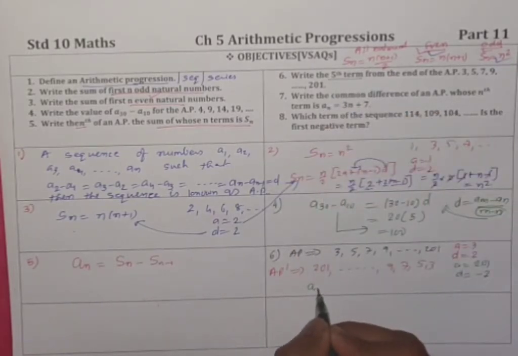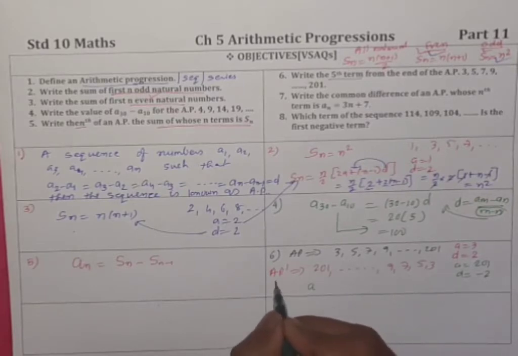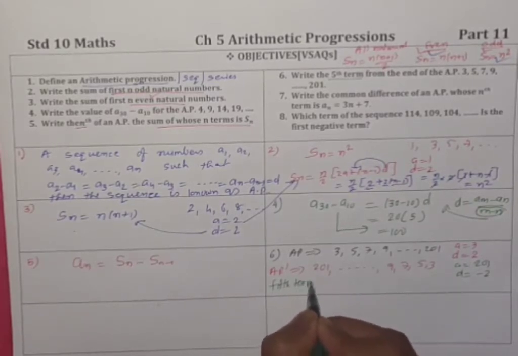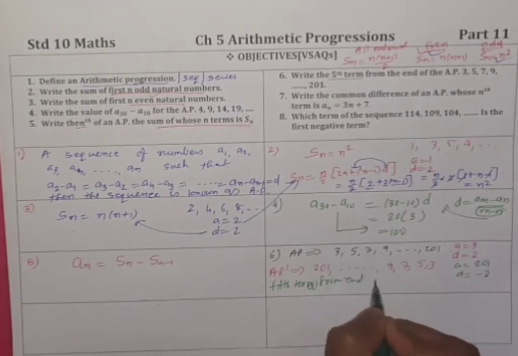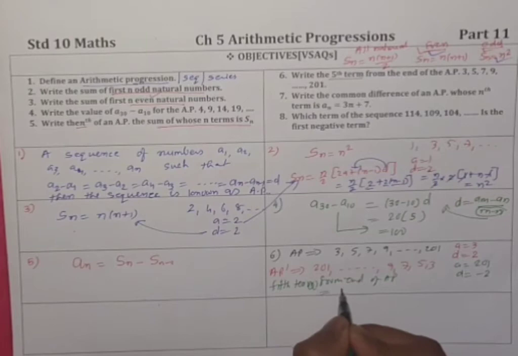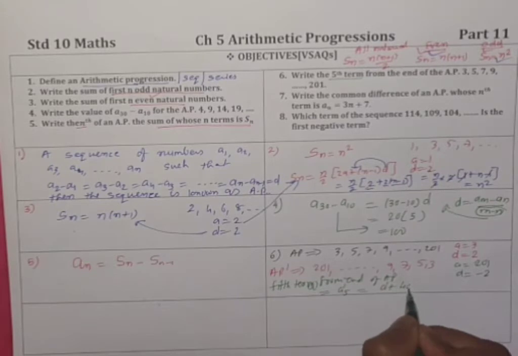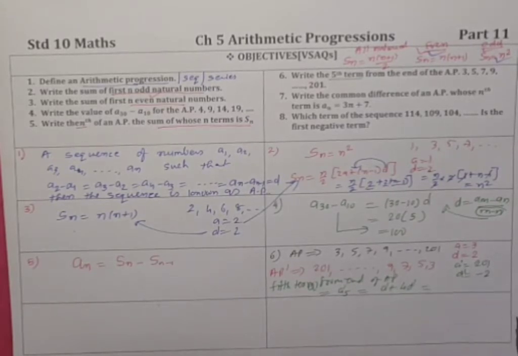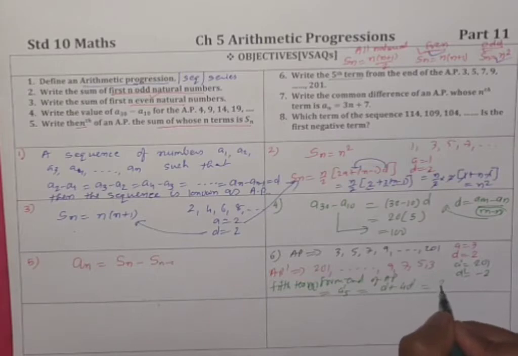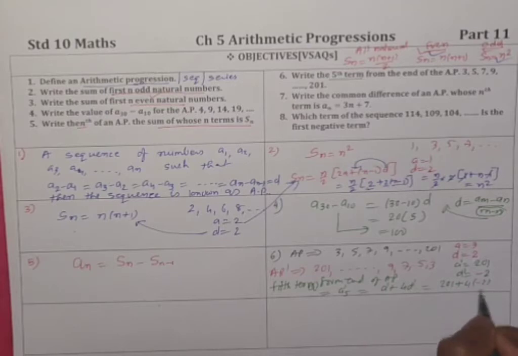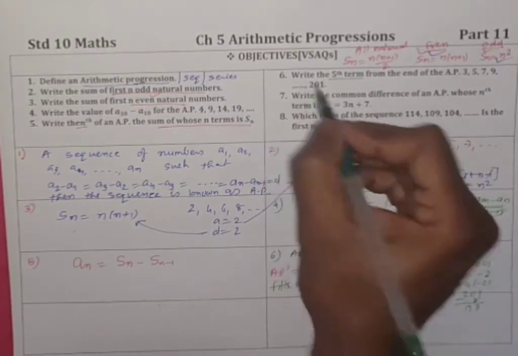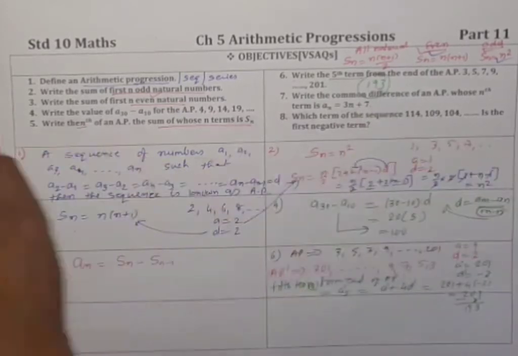So the fifth term from the end of the AP is equal to A dash 5, that is A dash plus 4D dash. These A dash and D dash are of the second AP, because it is AP dash. So 201 plus 4 times minus 2, that is 201 minus 8, which is 193. So the answer is 193. Fifth term from the end is 193.